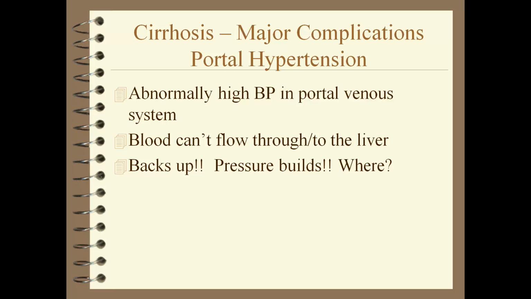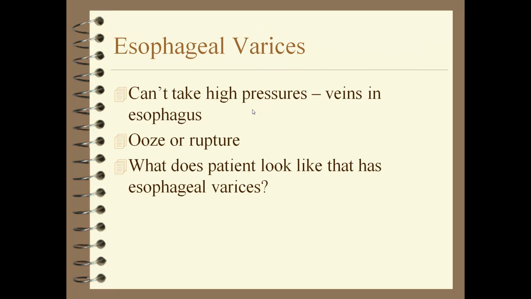So it builds up pressure. These patients are at high risk of having these varices bleed. So that's a major complication. So esophageal varices, they can ooze or rupture. Patient strains, bears down, if they have hypertension to begin with. If they eat certain foods that are not chewed up well enough, that can injure and cause a leak.